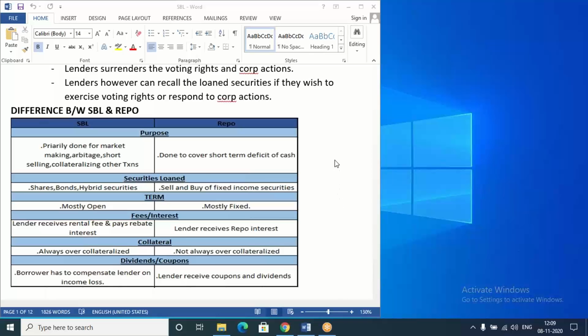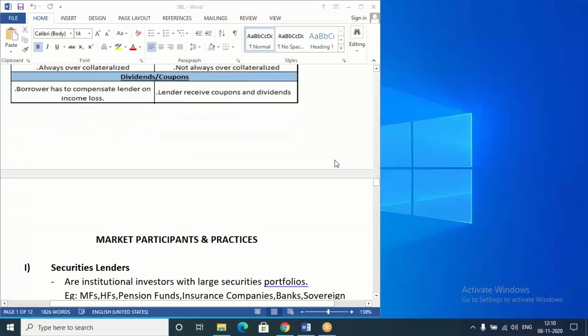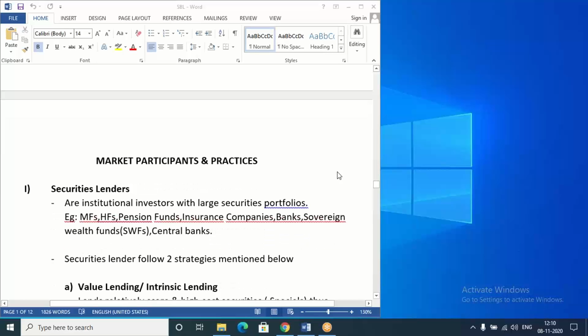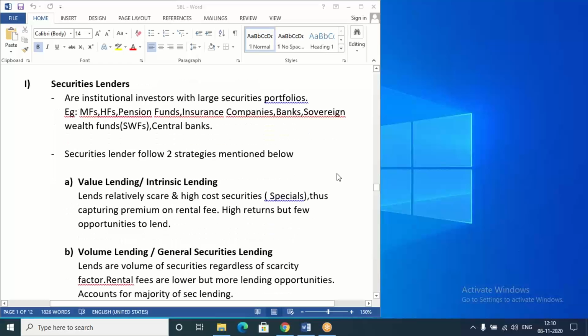Okay. So let's continue. Now we're going to discuss the participants in your stock borrow lending market. The first obvious one that we're going to discuss is your securities lenders.